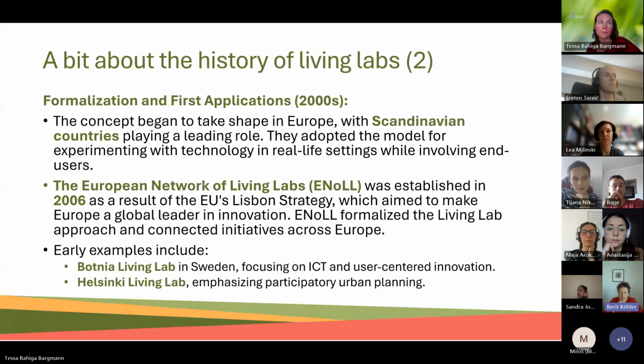Yeah, and in the next phase of the history of living labs, this concept began to take shape in Europe, especially in Scandinavian countries, which played a leading role, and they adopted the model for experimenting with technology in real-life settings while involving end users.